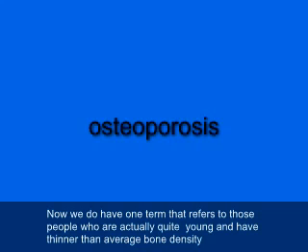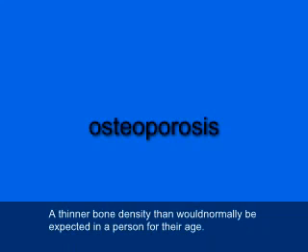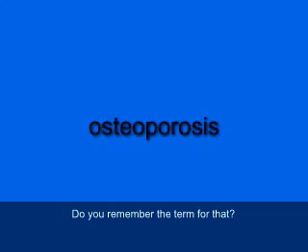Now, we do have one term that refers to those people who are actually quite young and have thinner than average bone density, a thinner bone density than would normally be expected in a person for their age. Do you remember the term for that?